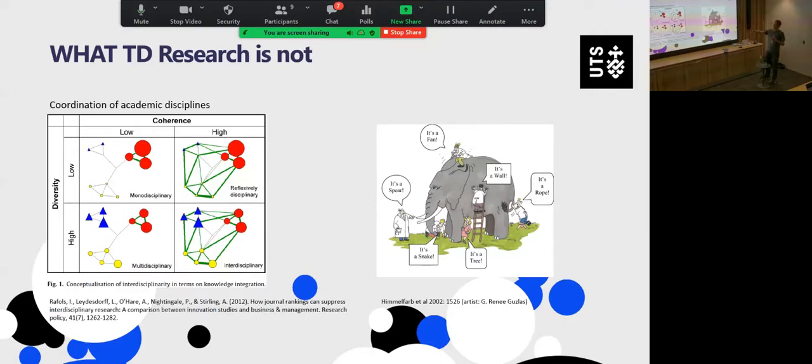This is what TD research is not. So I plucked the figure out of one of Paul Nightingale's articles. He's one of the directors of SPRU, the Science Policy Research Unit in the UK. They do a lot of deep thinking about the paradigms in science. And this article is more about inter and multidisciplinary research.